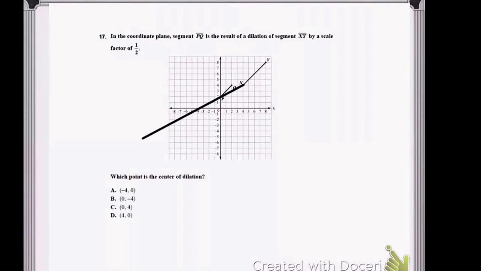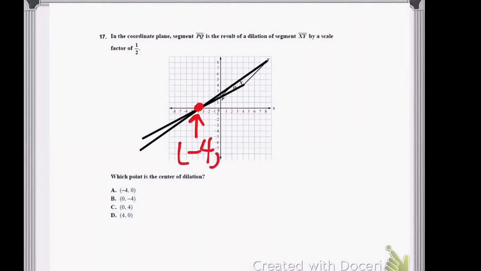I want to do the same thing with Y and its corresponding point. And there is where they intersect. To find your center of dilation, you locate the point where they meet, which would be right there. That is my X coordinate of -4 and a Y coordinate of 0. So there's the center of dilation.